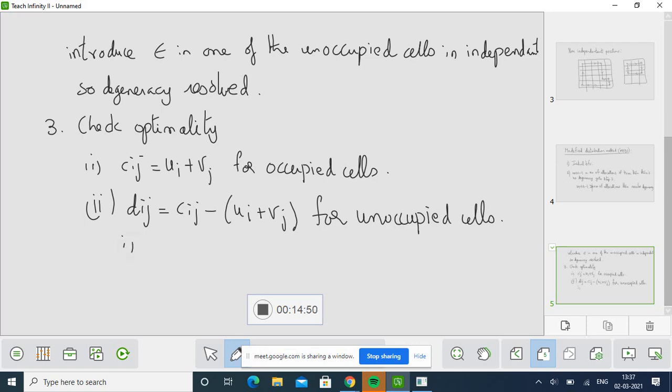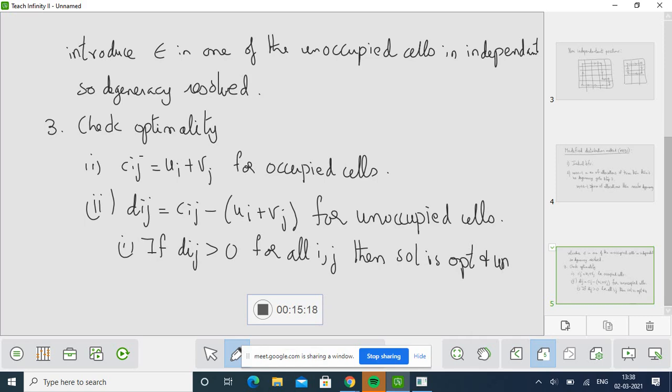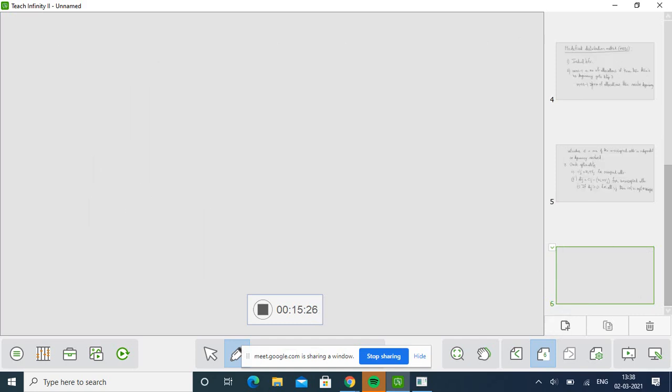If Dij is strictly greater than 0 for all i, j, then the solution is optimal and unique. So this is the first thing. Suppose some Dij is 0.